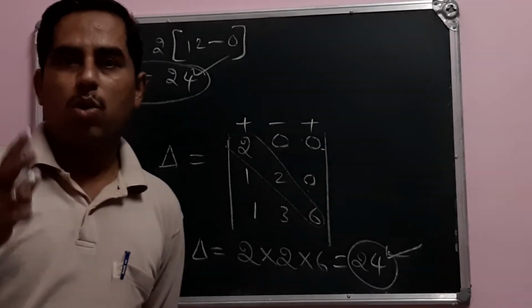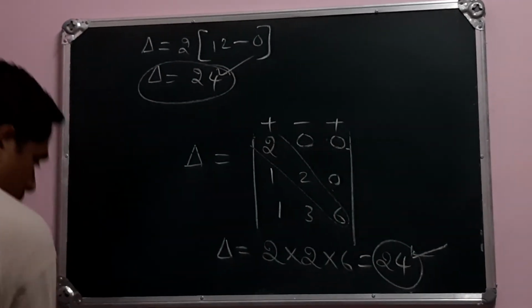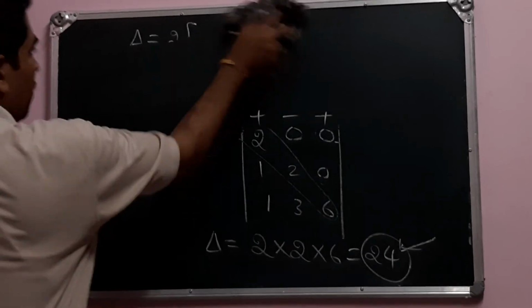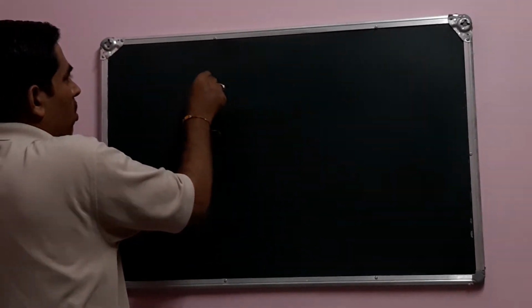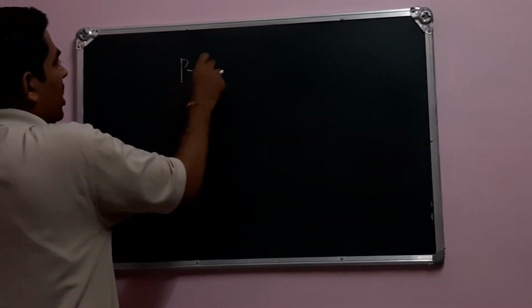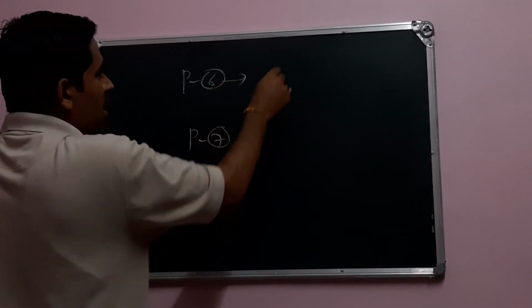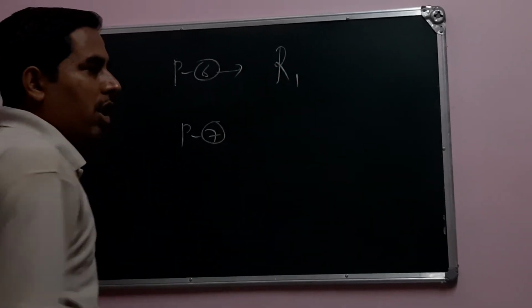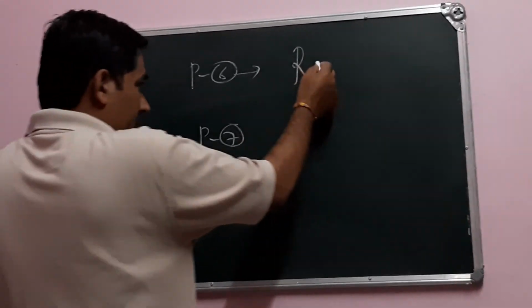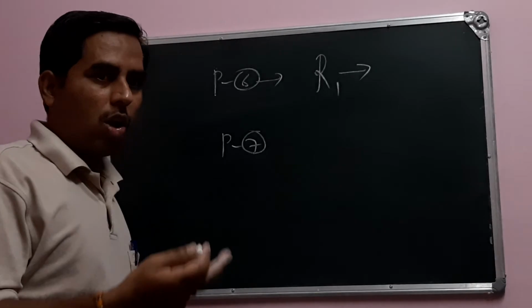In this class we have proved two properties, the sixth and the seventh. Let me recall those two properties. We need not worry about the exact statements; if we write it once or twice, or take our own examples, we can understand the property. The sixth property says we can operate on any row or column of a determinant.